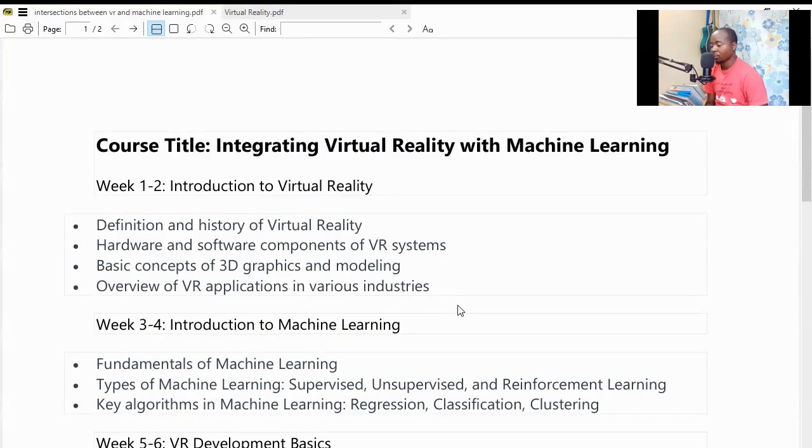We walk together through this, even as we understand the basic tenets of virtual reality and how they can marry with machine learning, because these are the trending technologies that are shaping our ecosystem, that are shaping our landscape in technology. So we cannot just sit back and wait and be spectators. We want to get involved in this and get to understand how it is.